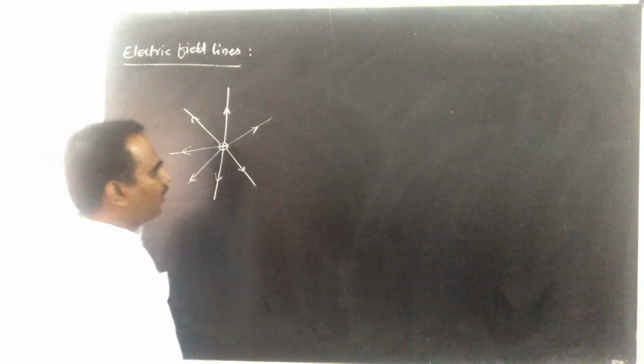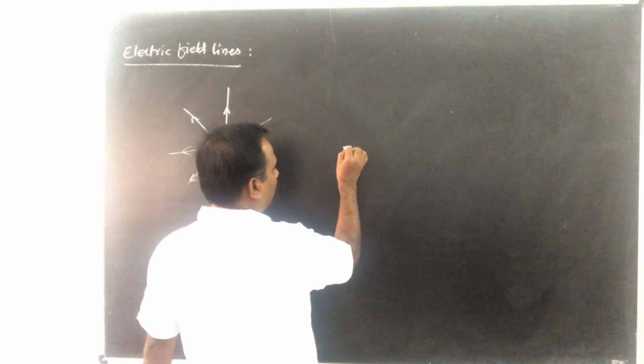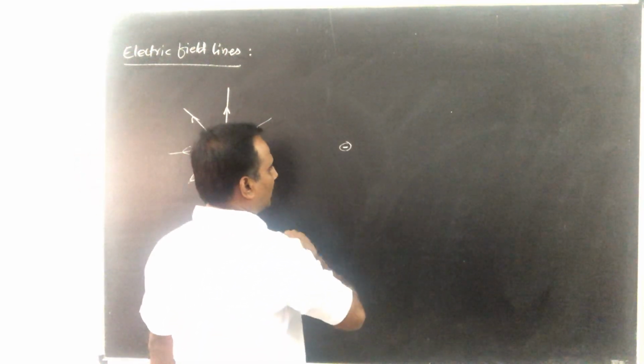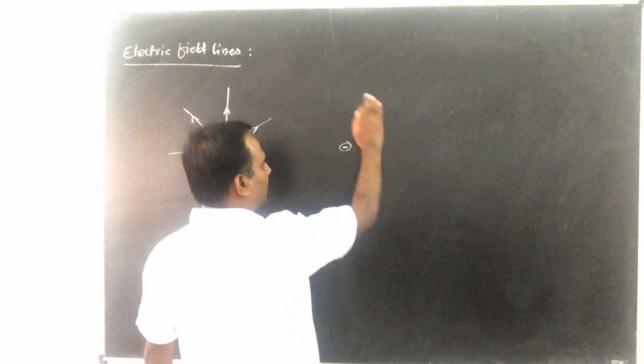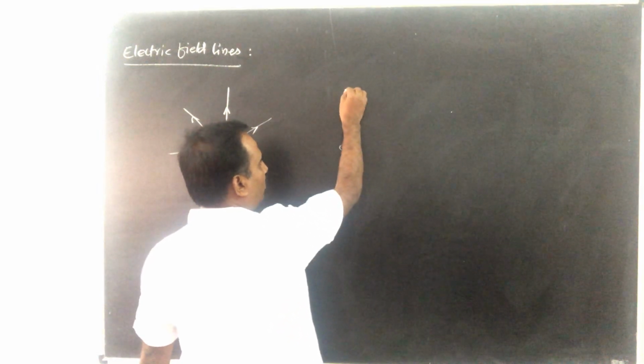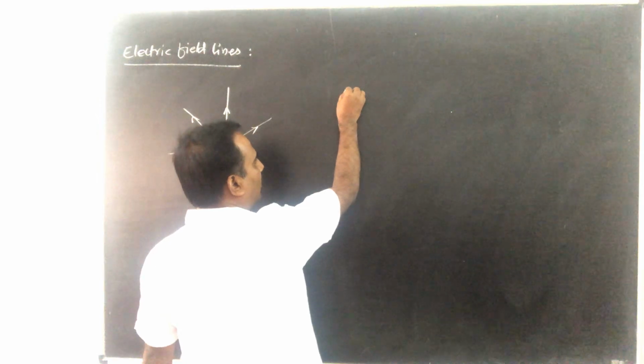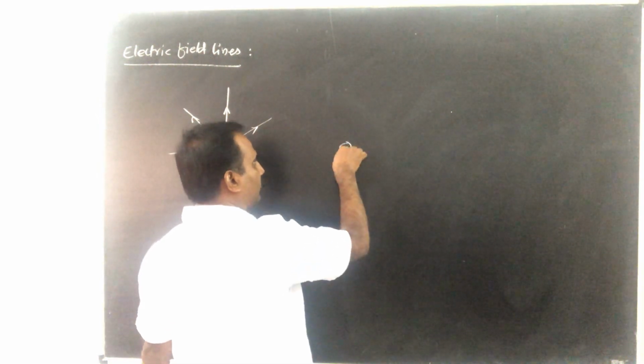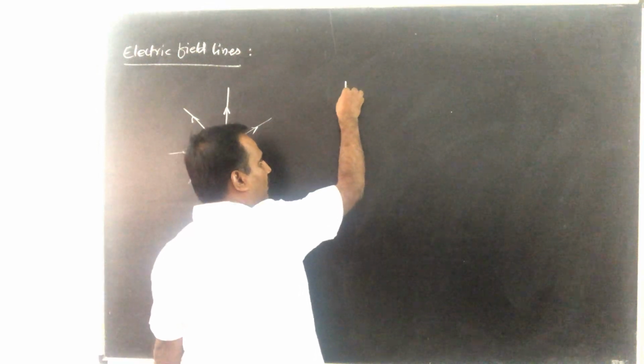Similarly, if I take an isolated negative charge like this, there is an electric field surrounding this negative charge. In this electric field, if I keep a unit positive charge here, this unit positive charge tends to get attracted by this negative charge, therefore it moves along this path.